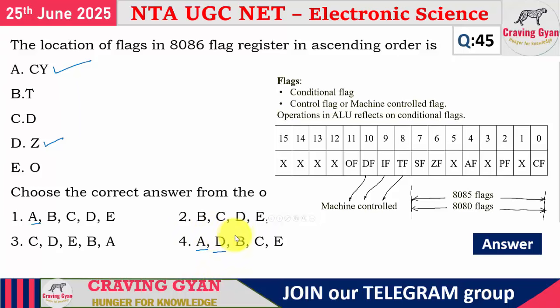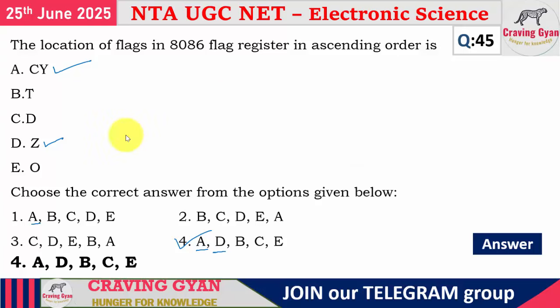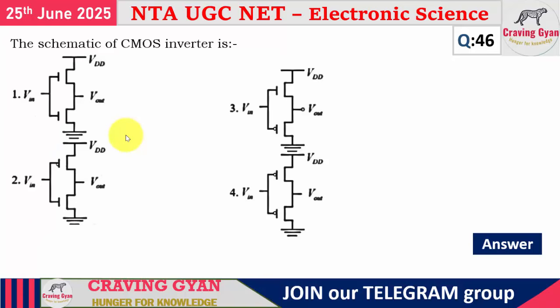Followed by the trap flag, followed by the direction flag. Then you should get the overflow flag. The corresponding option is option 4. While I was explaining the flag register, I told you how to remember it: in one day international, Tendulkar scored 0, all people cried. If you were in a position to remember this cheat code, you would have answered this question so easily.